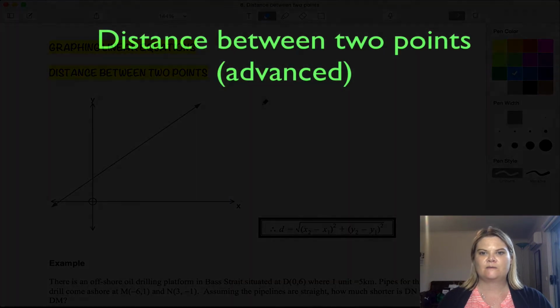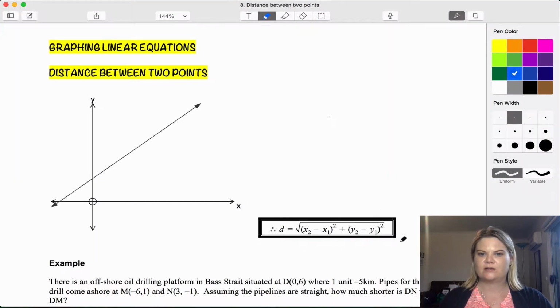Now this formula that I've got down here in a box is most useful when you are given 2 points. You might be given 2 points in the plane like this with the coordinates and you need to find the distance between the two.